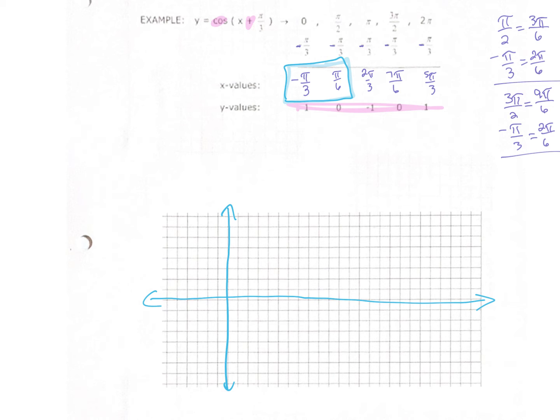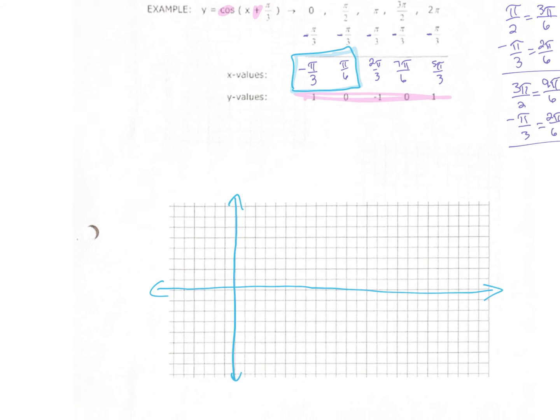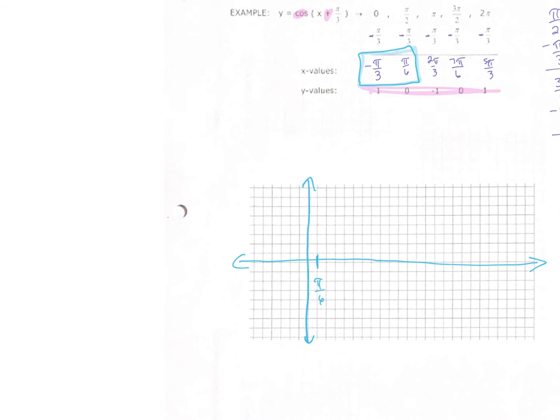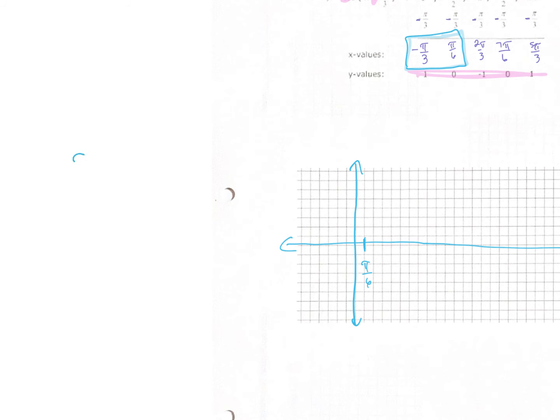So I want to think about how many little tick marks, how many little boxes I want to move to represent 1 pi over 6. In general, I tend to represent that with just 1 tick mark. So here's 1 pi over 6. Pi over 6 equals 1 box.